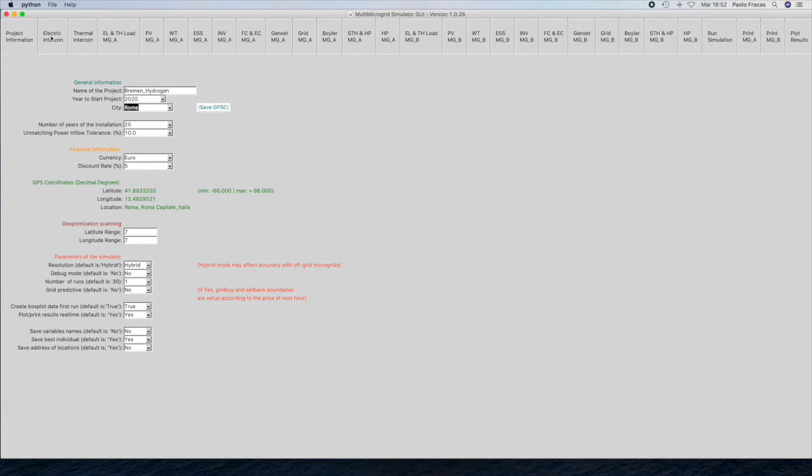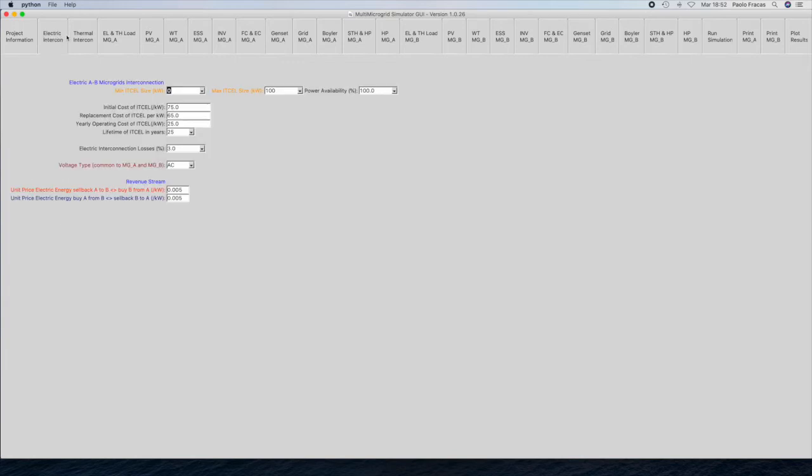In the next section, we start to configure the parameters related to the distributed generator, starting from the interconnection system, electric and thermal. We set the power, size, and bandwidth, the cost, unit cost, and losses, and the price policies related to the exchange of energy among the microgrids.